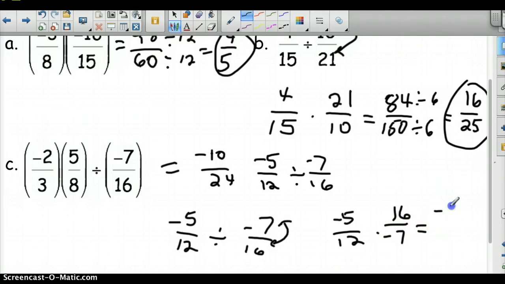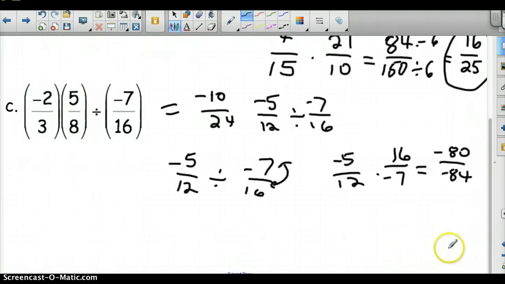Multiplying on top, you'll get negative 80, and multiplying on bottom, you will get negative 84. Negative over a negative is a positive, and in reducing, we can divide by 8 on top and bottom, or 8 won't work on top and bottom. I'll start with 4 on top and bottom to get 20 over 21. There's your final.